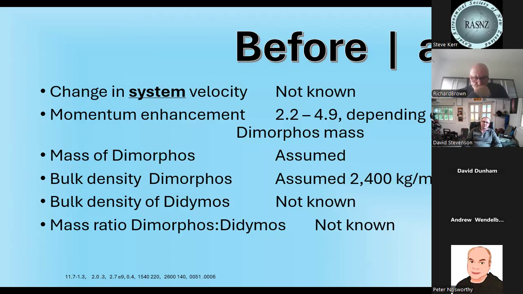The critical thing here is they had to guess what the mass of Dimorphos was. The occultation analysis gave an enhancement factor of 2.0 plus or minus 0.3, previously 2.2 to 4.9.